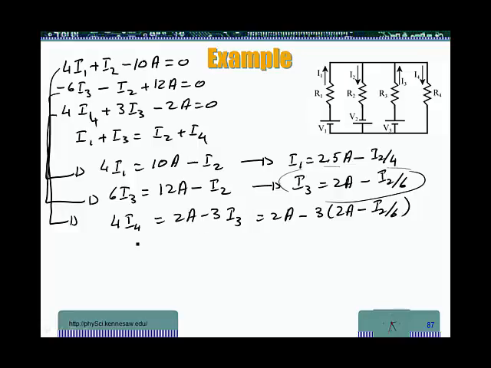Okay, this gives me 2 amps minus 6 amps, and then minus minus, that's plus 3I2 over 6, that makes it plus I2 over 2.